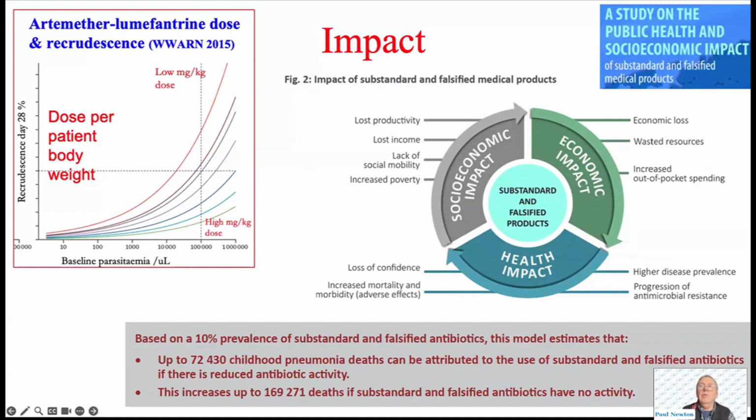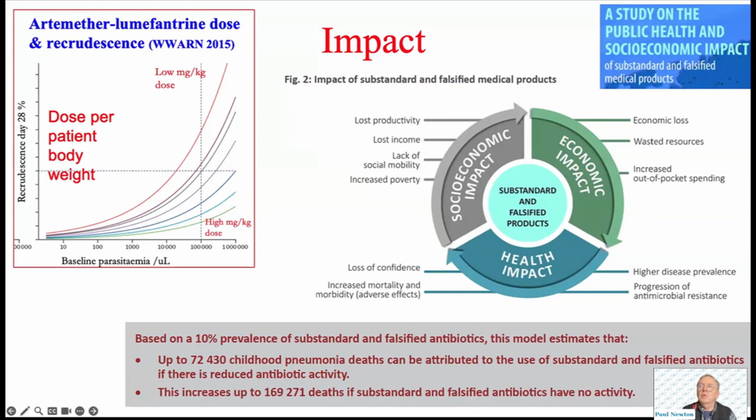And as you can see, the recrudescence rate goes up significantly, as one would expect, at lower milligram per kilogram body weight dose. Therefore, suggesting that if one was of the normal standard body weight, but one had ingested an antimalarial that had less than the expected stated amount of active ingredient, your recrudescence rate would be higher.